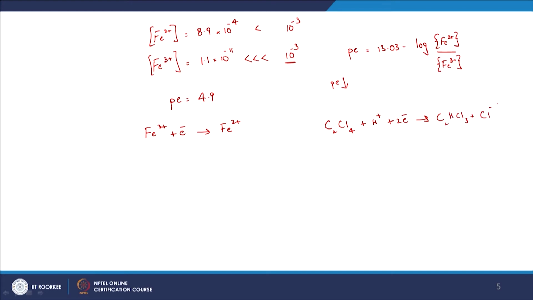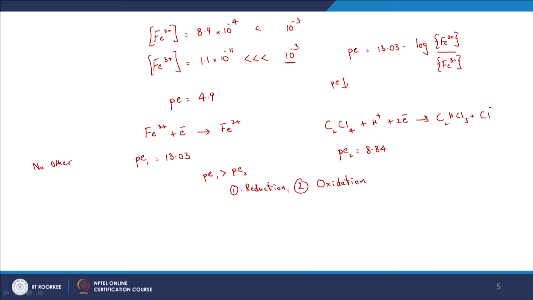When we considered no other reactions, we had a value of pe for this particular half reaction of 13.03, and for the other I believe pe2 was 8.84. Because pe1 was greater than pe2, what does that mean? It means that 1 will go through as reduction, while 2, or this half reaction, will be the oxidation one.